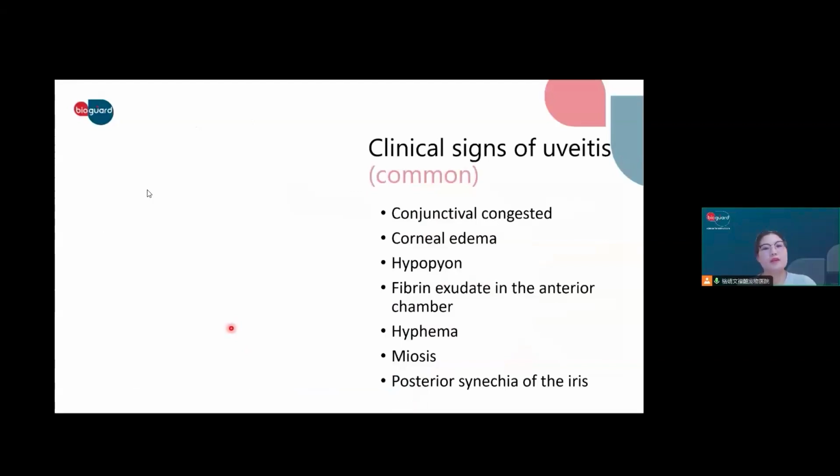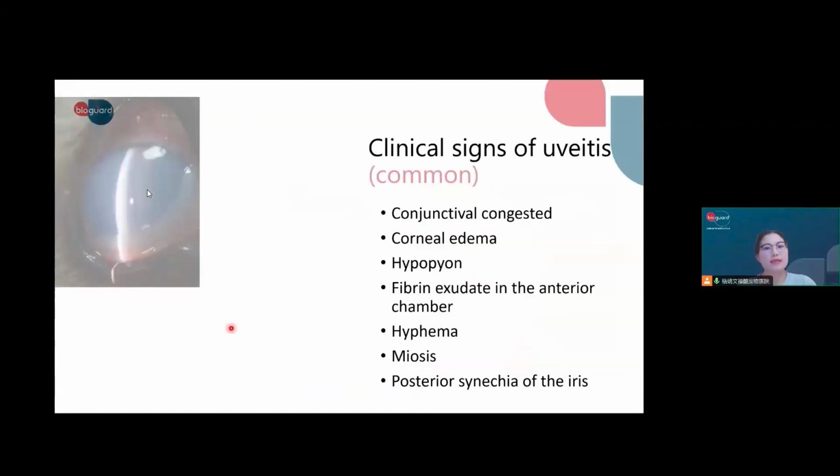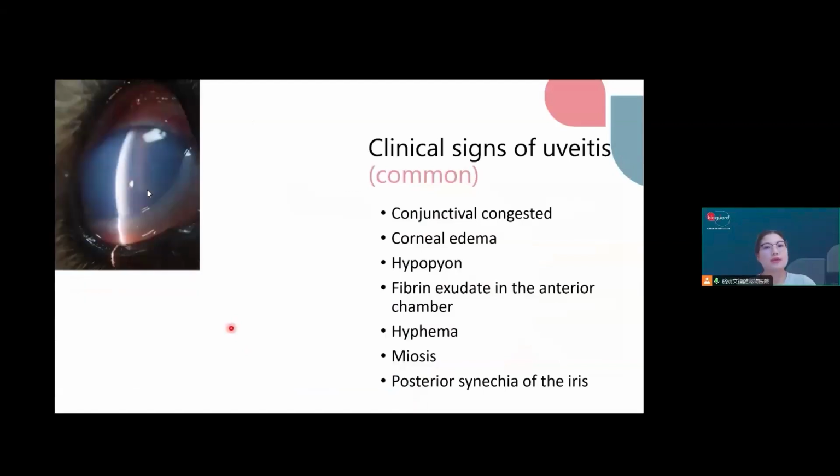If a dog has uveitis, you may see conjunctival congestion, like here in the picture, and corneal edema. The cornea becomes thickened and cloudy, semi-transparent.